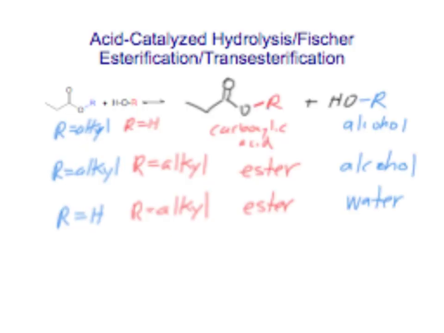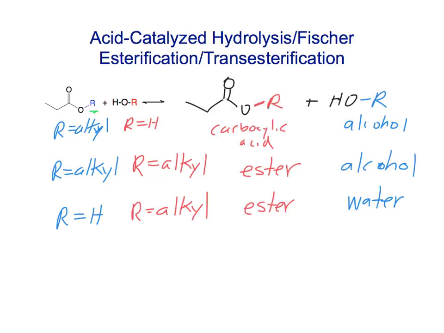We're highlighting 3 different reactions, and they're all closely related. Let's review what we put up here last time. In general, we're just varying these 2 R groups, either between alkyl or hydrogen. The first possibility has the blue R as an alkyl group.